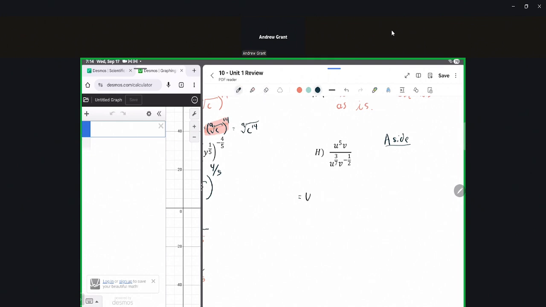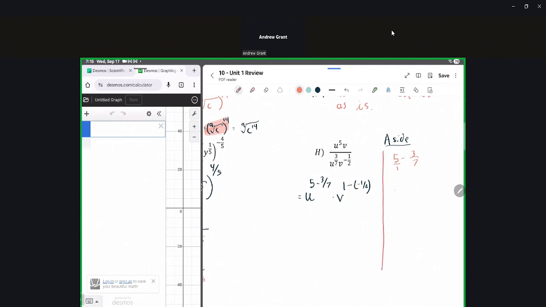So we have u to the power of 5 minus 3/7 times, and then we're going to end up with v divided by v to the power of negative 1/2, which will be v to the power of 1 minus, no matter what, negative 1/2. So let's go ahead and do these calculations. So if we have 5 minus 3 over 7, keep in mind we need a common denominator.